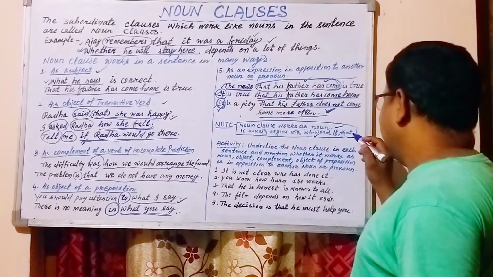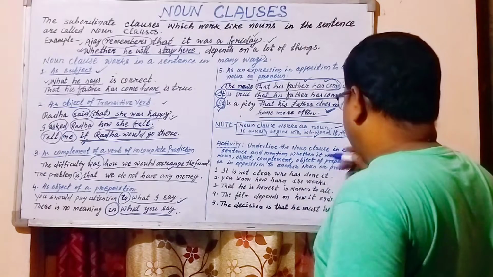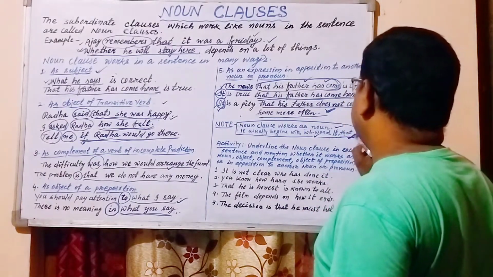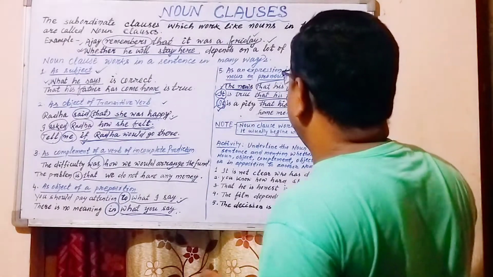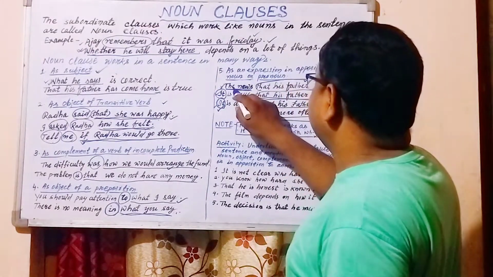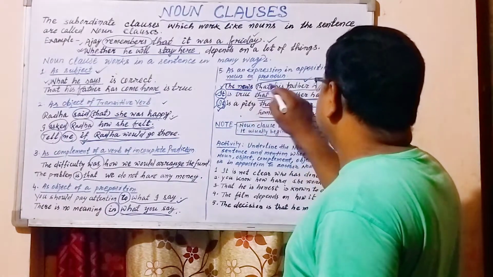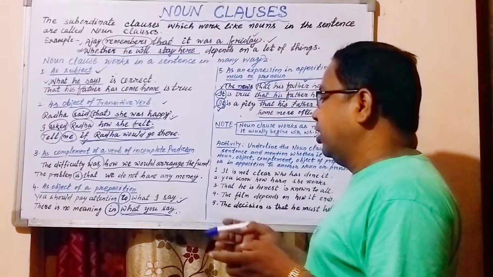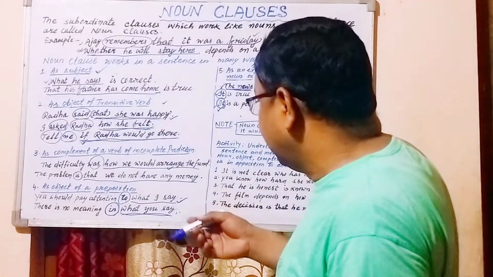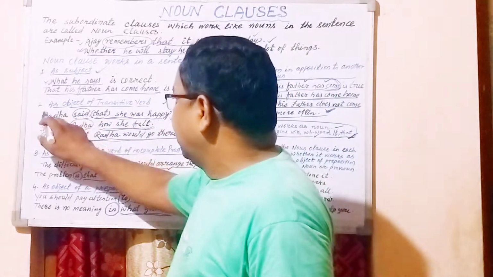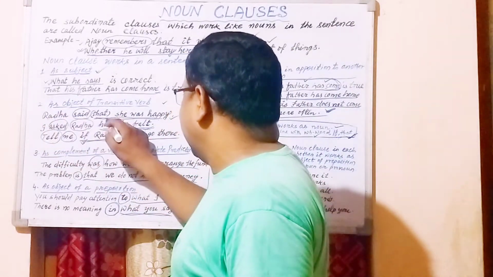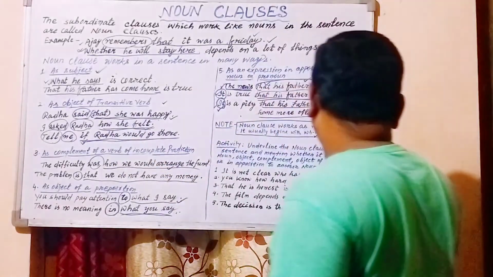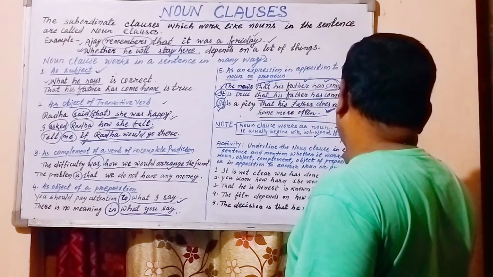And another thing is that the noun clause begins with that. That may be hidden or that may not be hidden. In this sentence you see the news that his father has come. Here that is open. But in point 2, Radha said that she was happy, here that is hidden. So that may be open or that may be hidden.